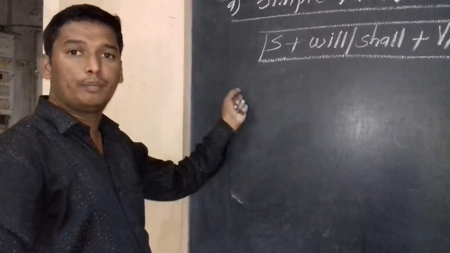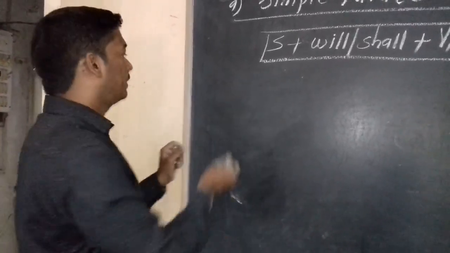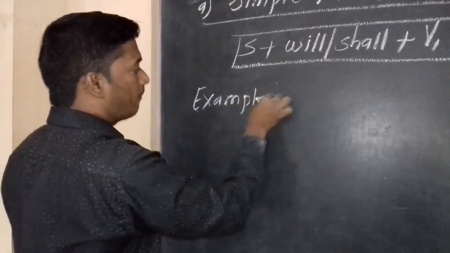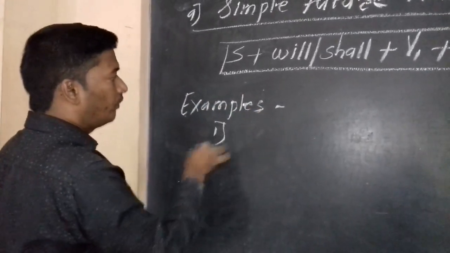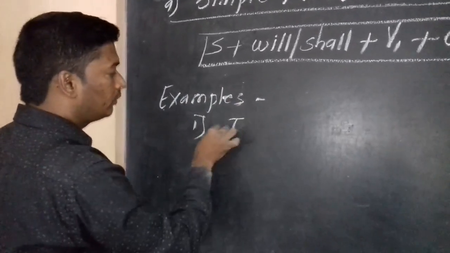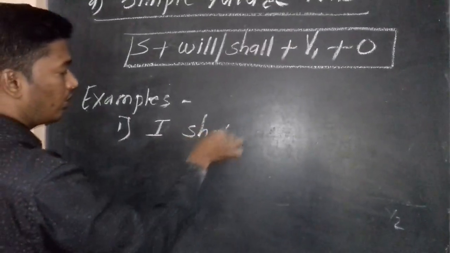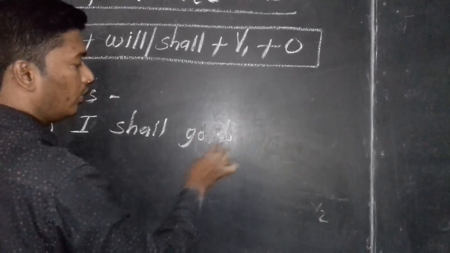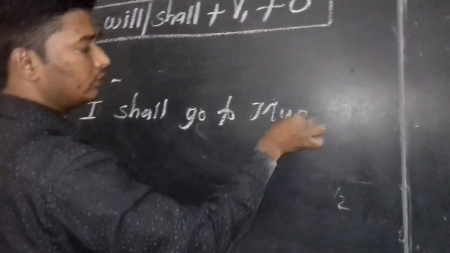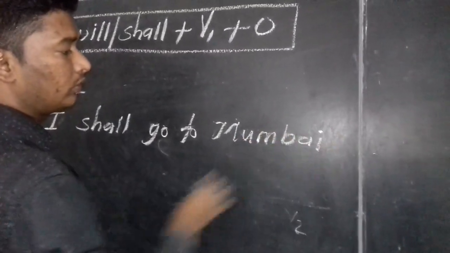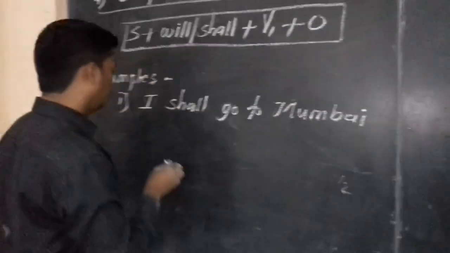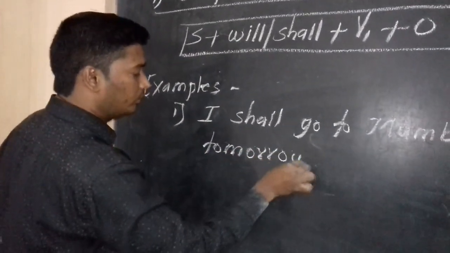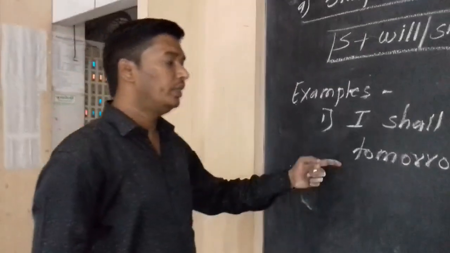Now look at some examples of simple future tense. First example: Aisha will go to Mumbai tomorrow.